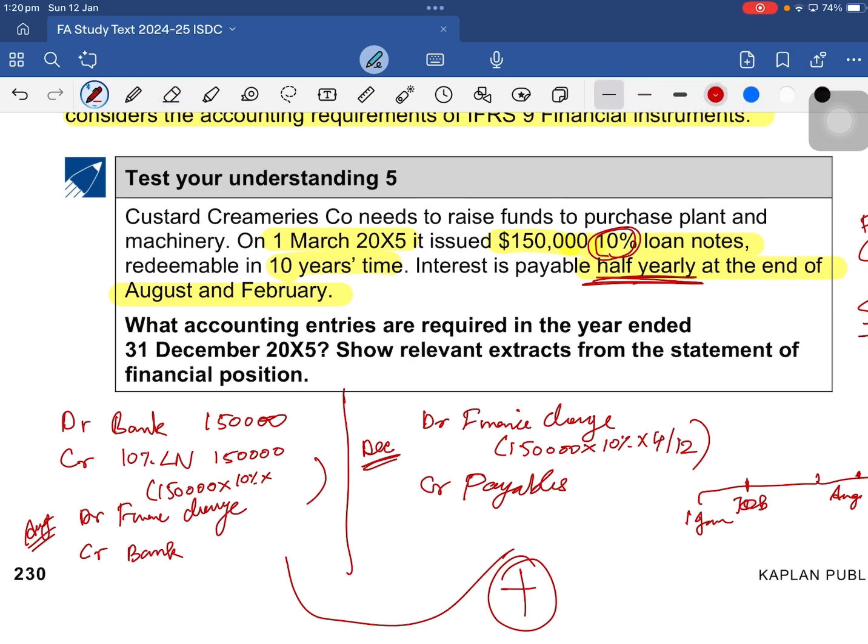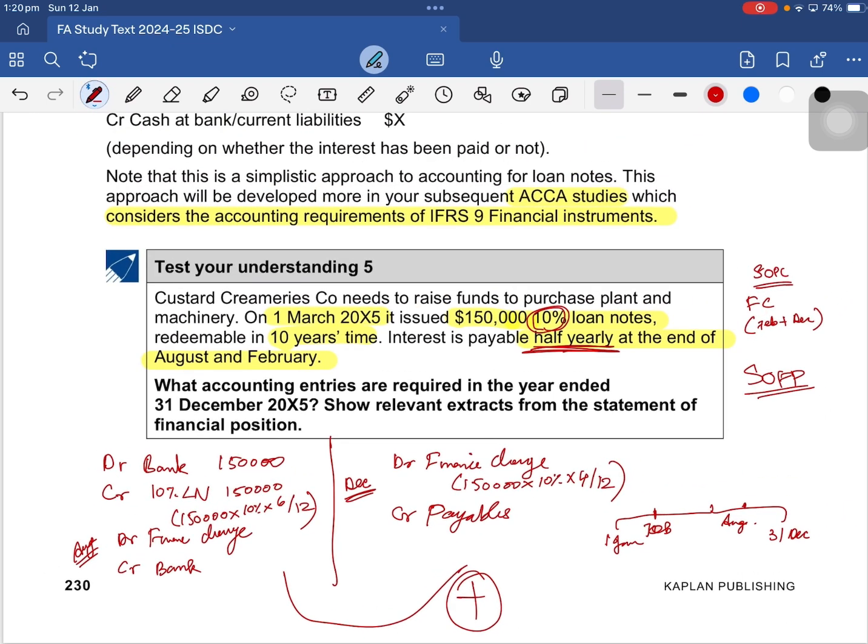March, April, May, June, July, August. 6 months. Okay, great, good. So from March till August, but from the next year, you are going to take it from February. So you have taken 6 months here, 4 months here. Both of these interests should be added together and shown in the current year.